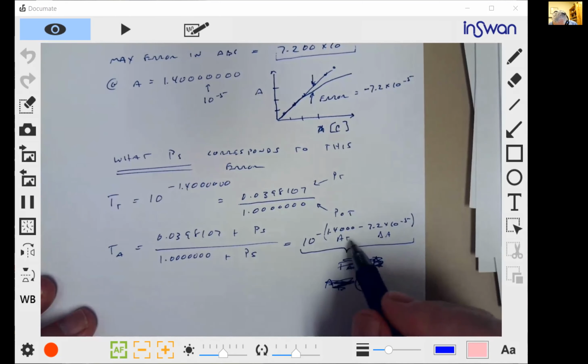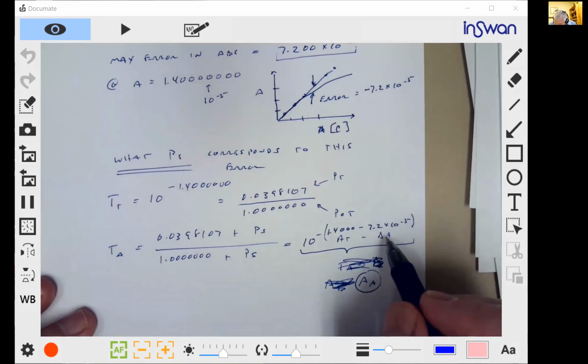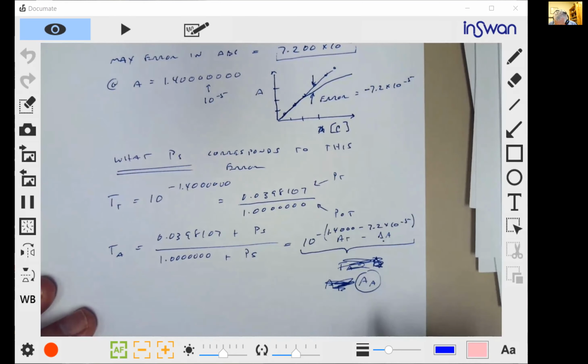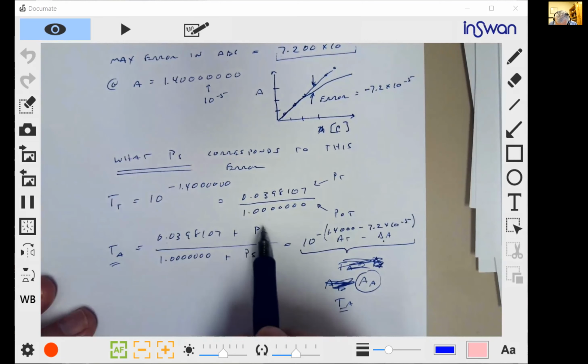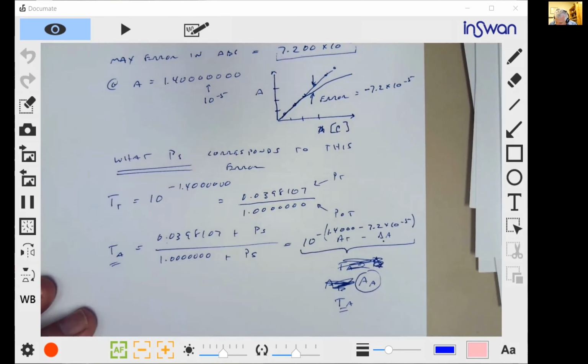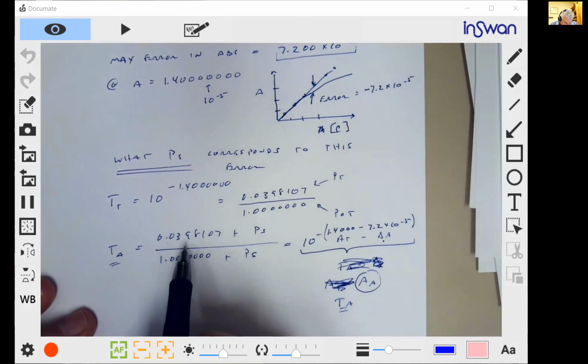So A apparent is equal to A true minus delta A, because it's a negative deviation. And this whole thing here is equal to T sub apparent. So that's equal to T true plus the PS component in the numerator and the denominator. I'm sorry, this is a bit of a cluster problem here.